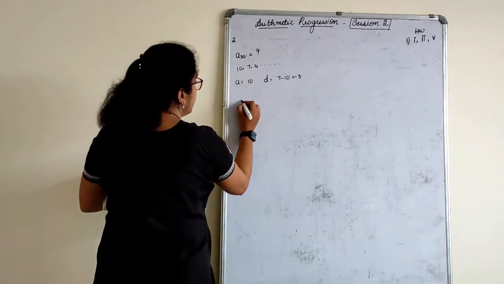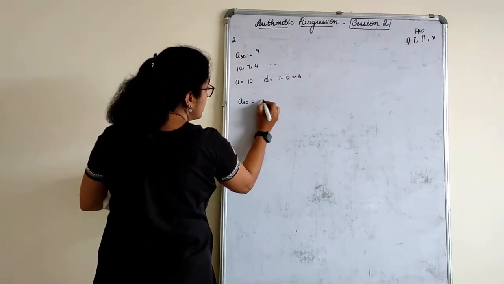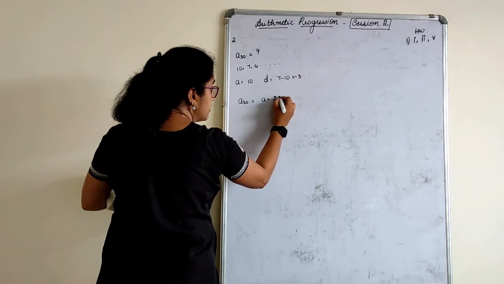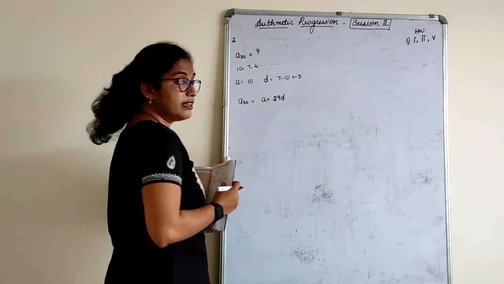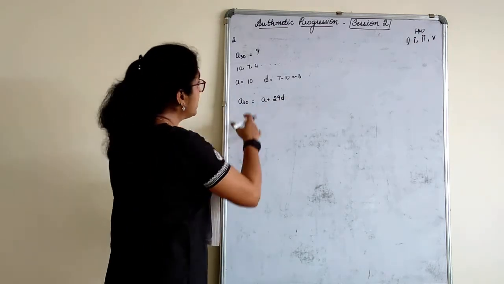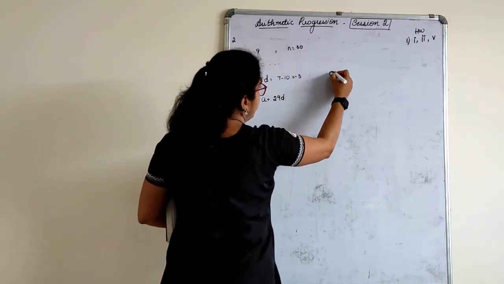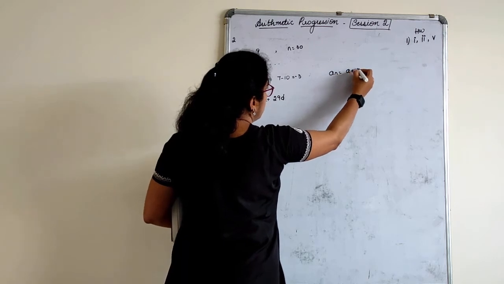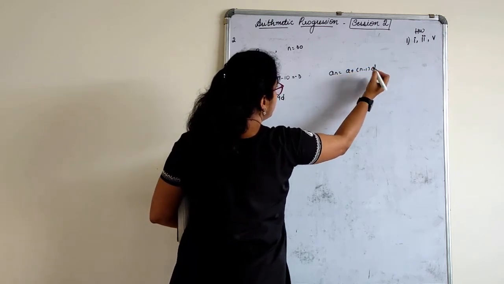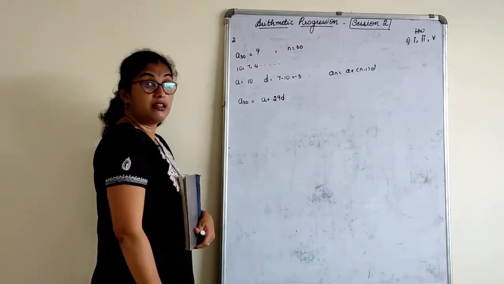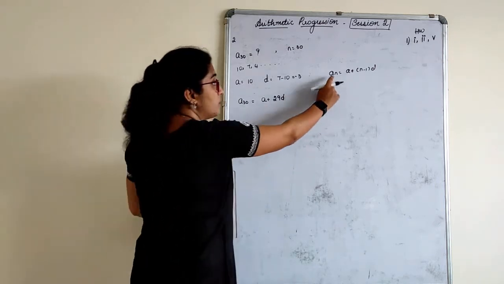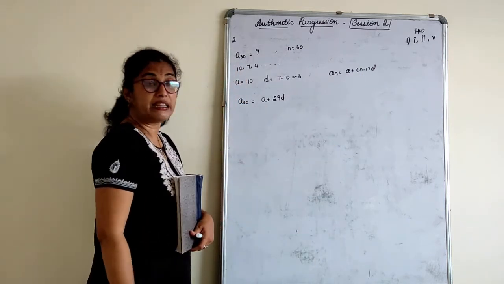Right? How do we write a30 now? a30 is equal to a plus 29d. Remember this technique that I told you in the beginning? See, here n is 30. If I apply the formula, an is equal to a plus (n minus 1) d. What is n? n is 30. 30 minus 1 is 29. So what is a30? a plus 29d.